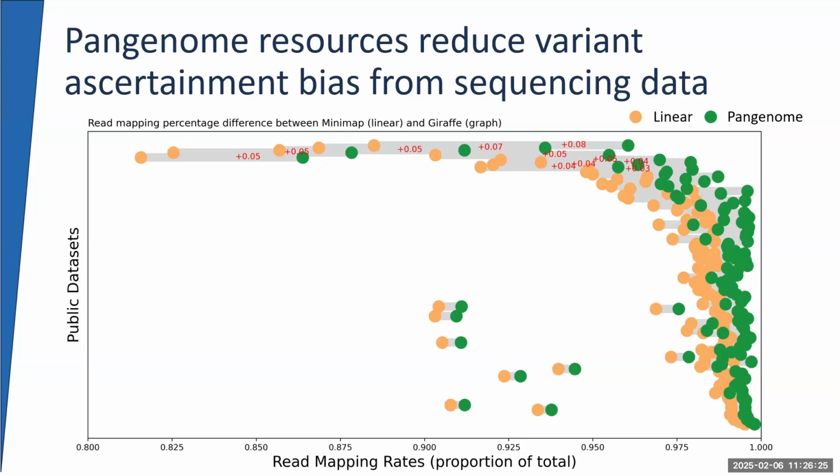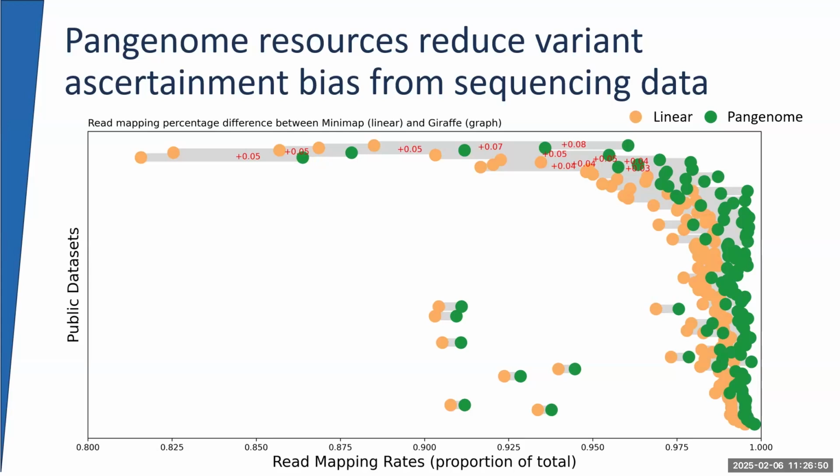On the x-axis, you can see the mapping rate of the reads against the linear genome, which is in yellow. That's the current chicken reference genome assembly. The green is a new pangenome graph that was produced by Washington University in St. Louis. The comparison is based on 90 chicken data sets that I aligned against both references and compared.